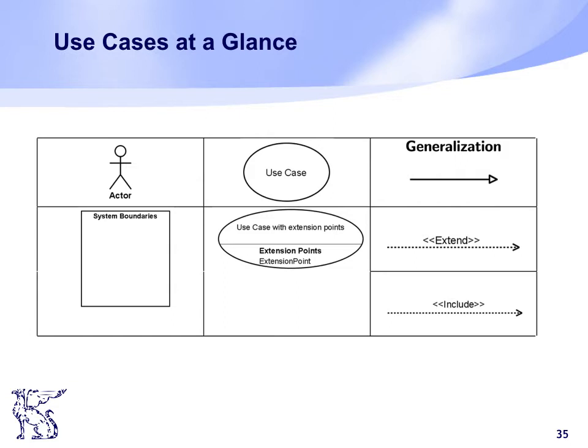And we have 2 more relations, the extend relation and the include relation. So these are the basic elements to draw a use case diagram: actors and use cases. In use cases you can also divide it into 2 parts, and you can put extension points also. So these are 2 notations for defining use cases, and those are relations. By using these notations we will draw the use case diagram.